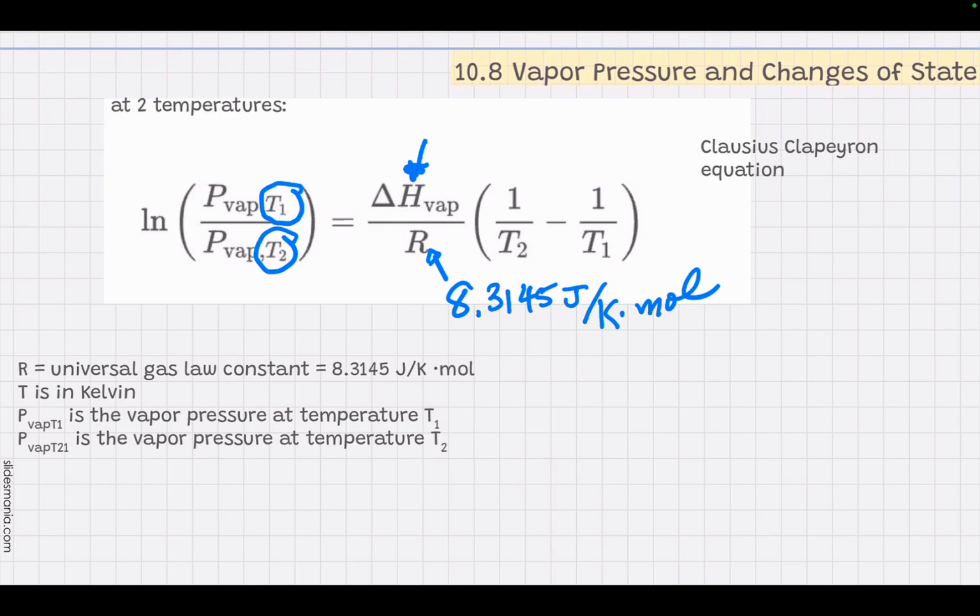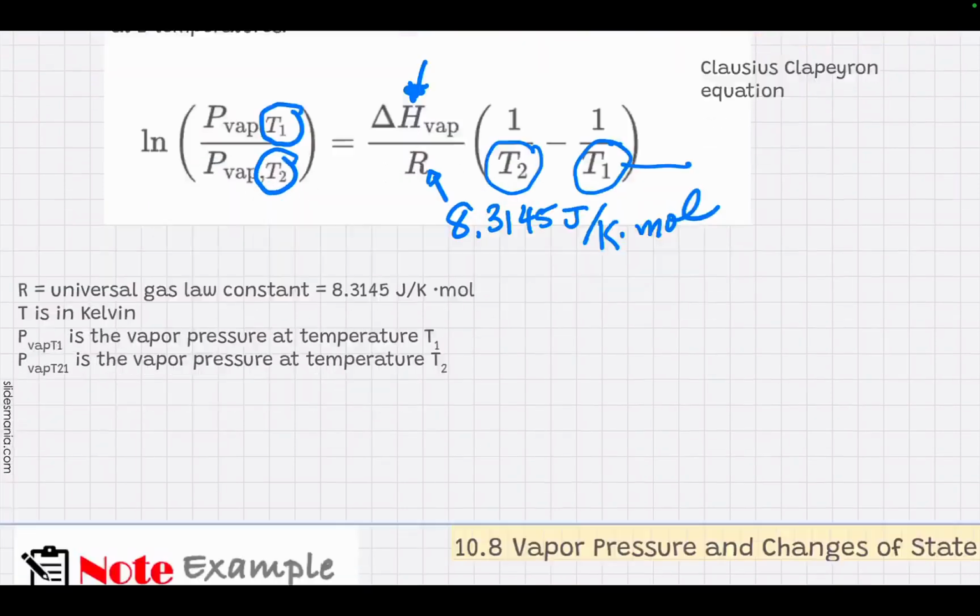And then you would multiply by 1 over T2 minus 1 over T1. And these temperatures have to be in Kelvin. So the vapor pressures can be in any unit as long as they're both in the same unit.